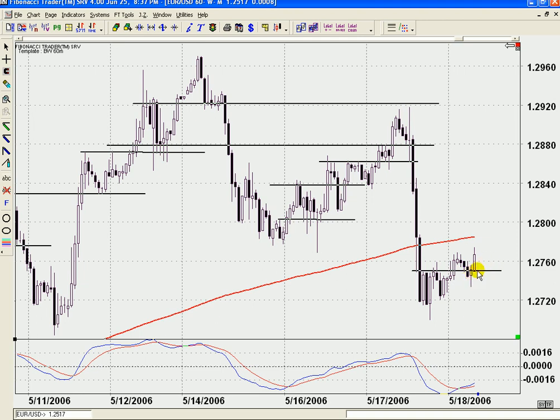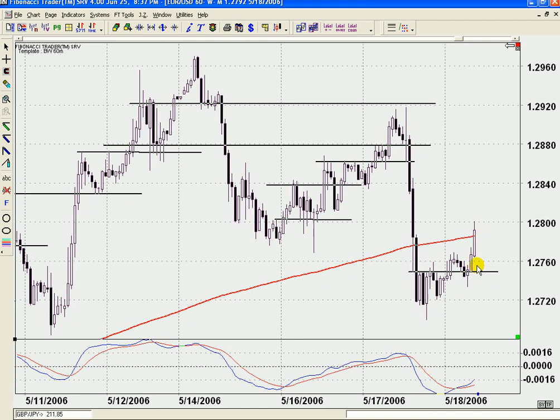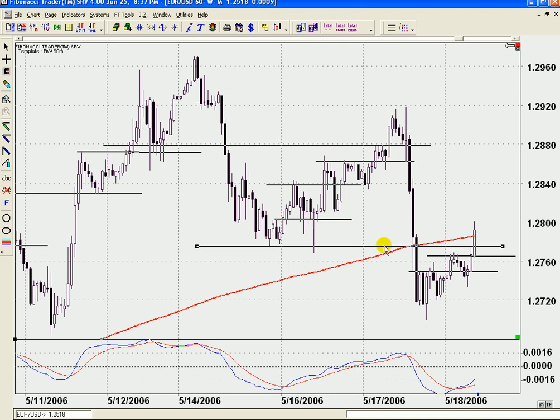Price threatened to the downside for a moment, but didn't hold very long. Now price is moving above this high here, and we may see it come back and test, which is characteristic. Let's take this guy and move him down here.